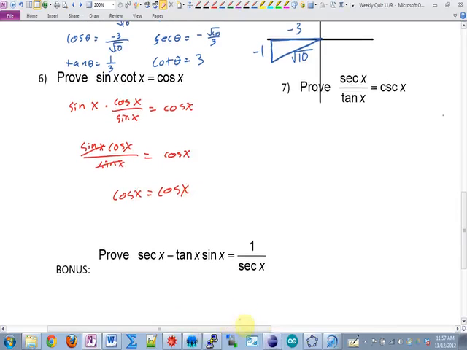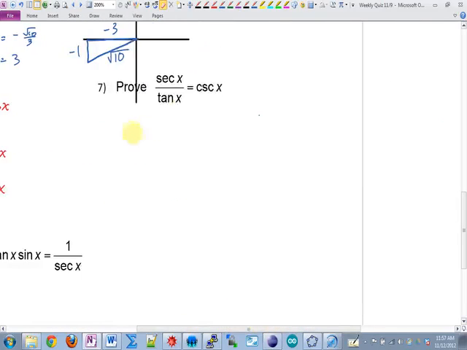Number 7, secant, if we use the reciprocal identity, is 1 over cosine, divided by tangent, which by the quotient identity is sine over cosine. Dividing fractions is the same as multiplying by the reciprocal.